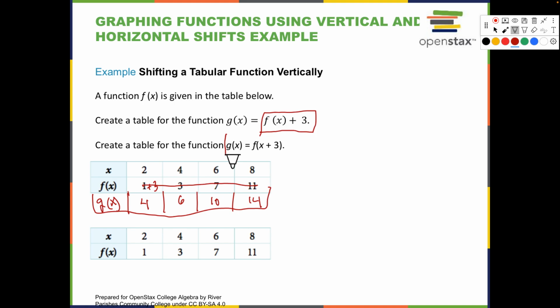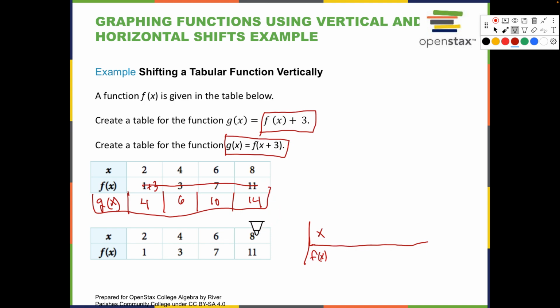For the second one, they're also using g of x, but what's happening to the x values? We're changing the x values. And we're adding 3, so it's supposed to move it which way?